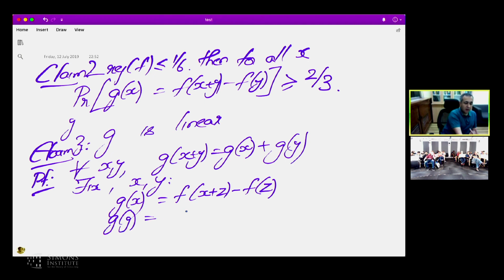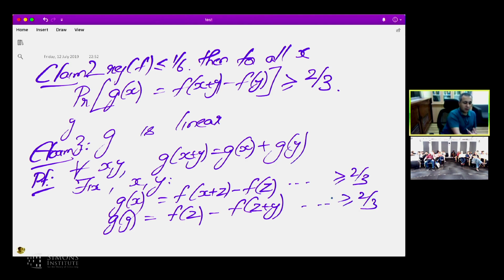g of y is f of z minus f of z plus y, 2/3 of the time. g of x plus y is f of z plus y minus f of x plus z with probability at least 2/3.